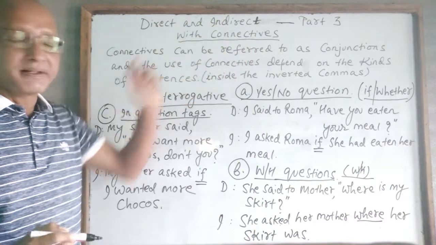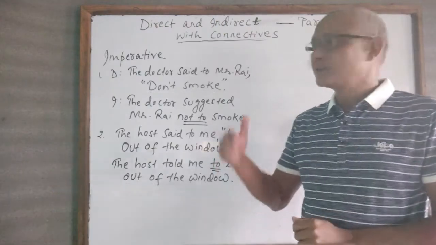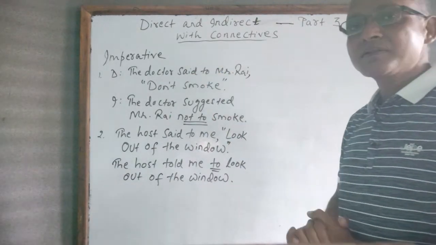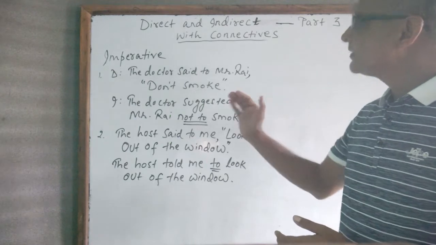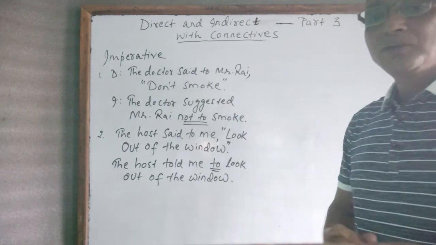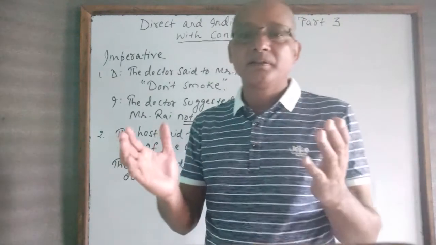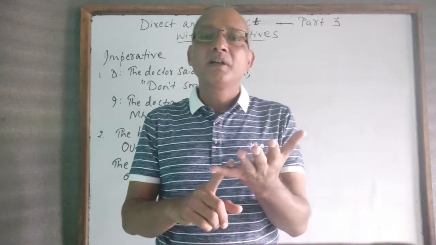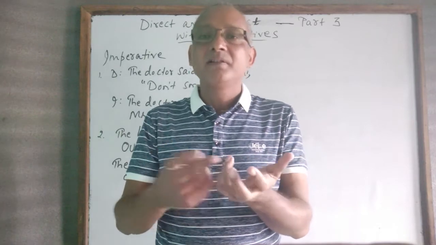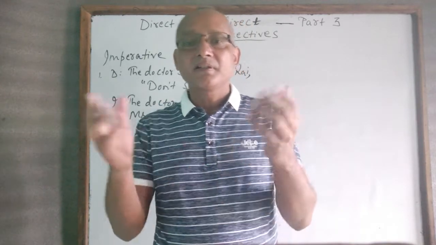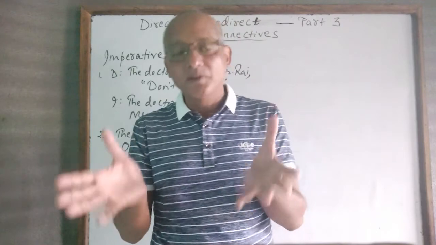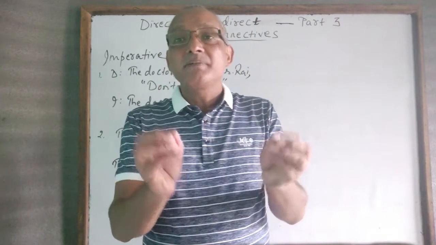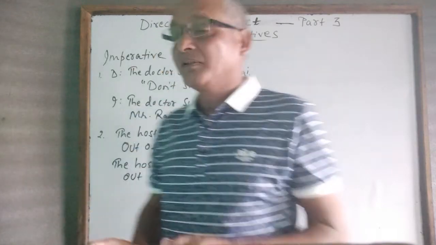Coming to the third part, we have the imperative form of sentences. In the imperative, the reporting verbs you can use are said, told, requested, suggested, advised, forbade, on the basis of the types of sentences.